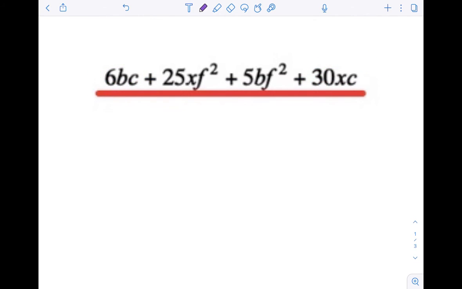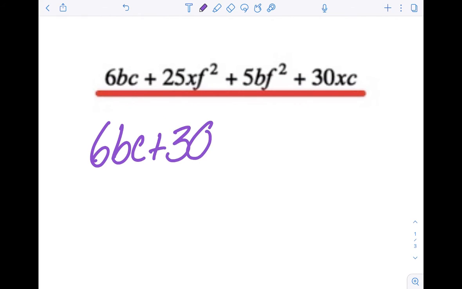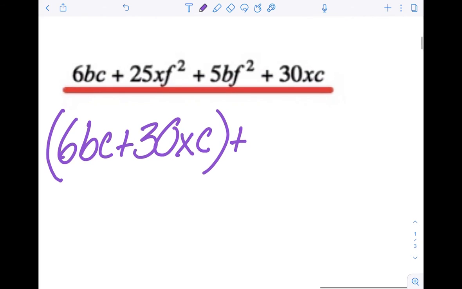So I'm going to write 6bc plus 30xc, like that, plus, so I have that and I have that. Now if I notice small number first, big number second, so these two, I'm going to do that one first, that one second. Small number first, 5, big number second, 25.